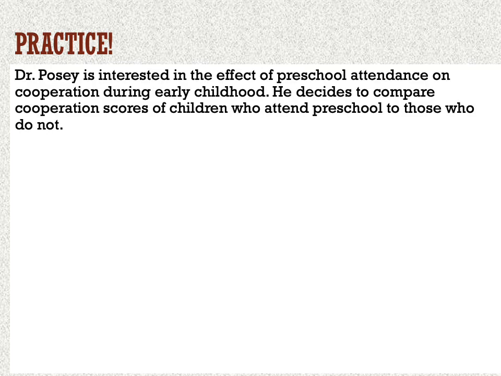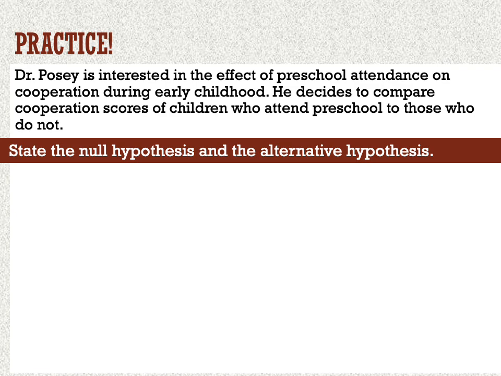Dr. Posey is interested in the effect of preschool attendance on cooperation during early childhood. He decides to compare cooperation scores of children who attend preschool to those who don't. All right, so first question is state the null hypothesis and the alternative hypothesis. And so you can go ahead and press pause and try to figure that out.